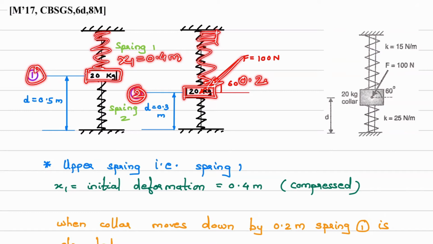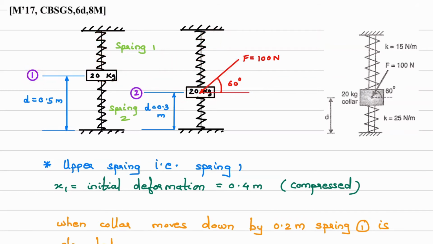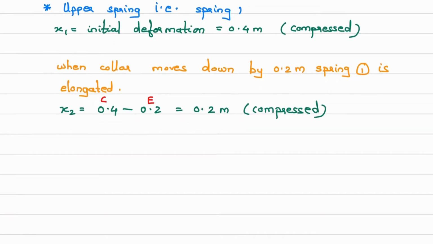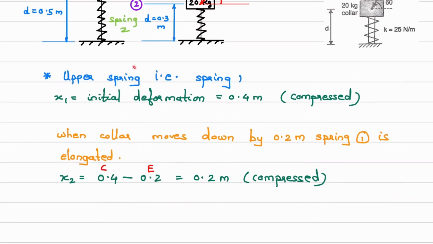So this will be 0.4 minus 0.2, and that will be 0.2 meter. Still the spring is compressed; it has not overcome the compression. So this is the analysis of the upper spring, that is spring 1.